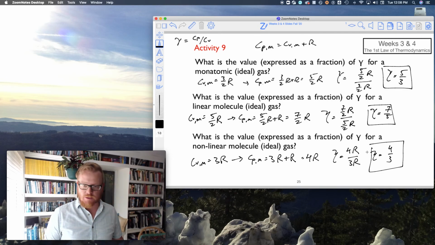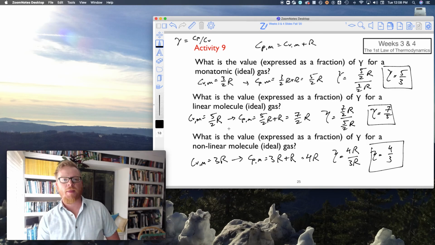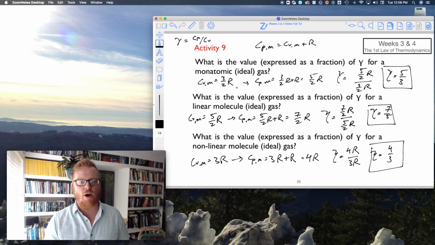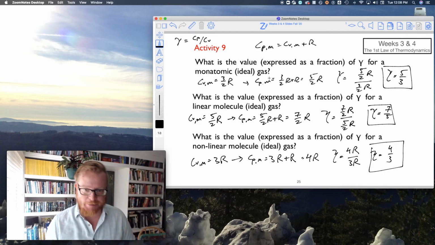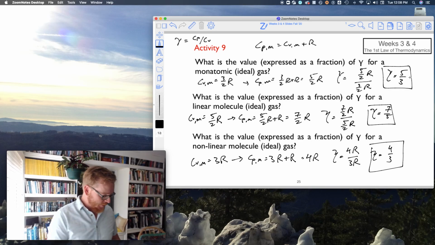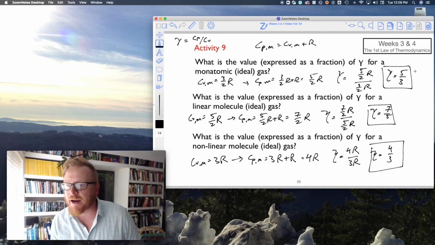Okay, folks, let's go ahead and talk about this. Hopefully this was fairly straightforward, and you remembered that CV for a monatomic gas is 3/2 R, CV for a linear molecule is 5/2 R, and CV for a nonlinear molecule is 3R. Each of these has an additional whole unit of R for CP. Thus gamma for a monatomic gas is 5/3, which is 1.67 as a decimal for a quick comparison.